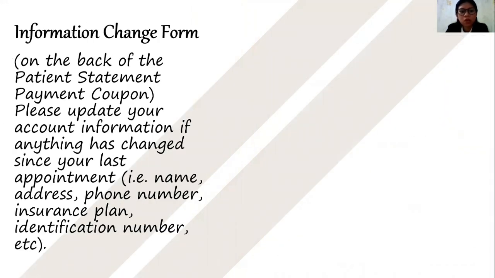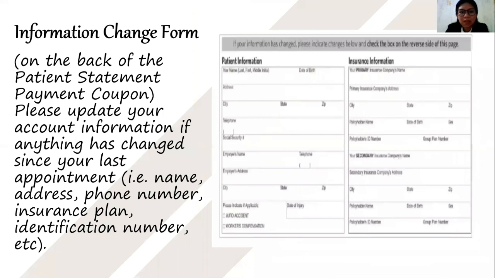The information change form. So what is the information change form? The information change form is written on the back of a patient statement payment coupon. It updates your account information if anything has changed since your last appointment.